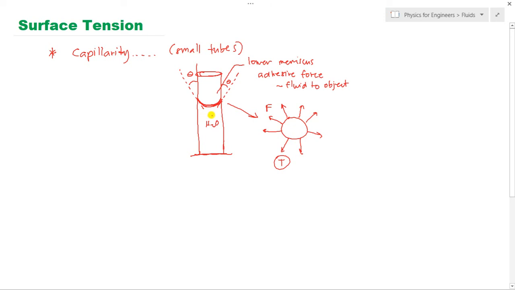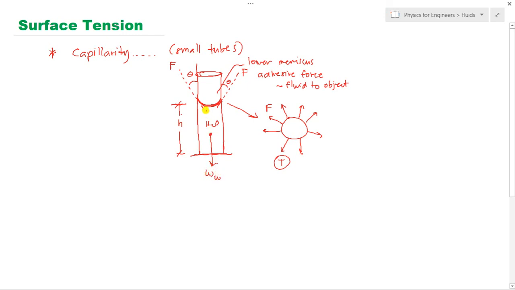By summation of forces, class, there is a force here, force and then force. And what other force is exerted here? Another force is this one. Let's say we have a height of the water. Another force exerted on our capillary tube is of course the weight of the water.